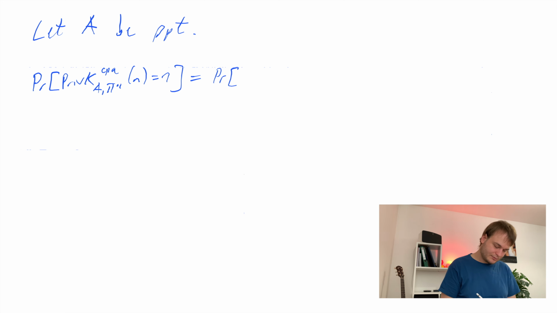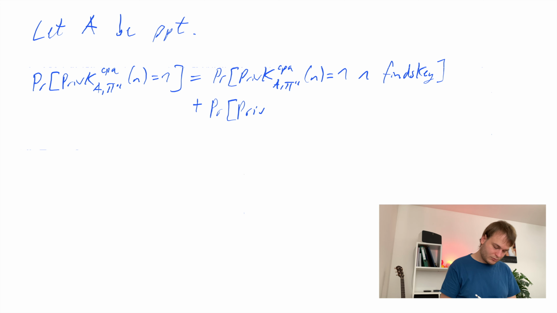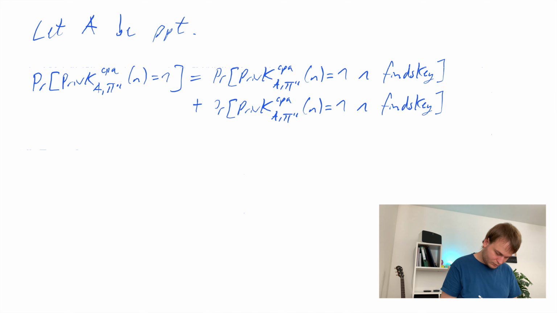So we can write this probability using the law of total probability as this kind of case distinction. Here on the top we have the probability with the case that he finds the key, and here the probability with the case that he does not find the key.